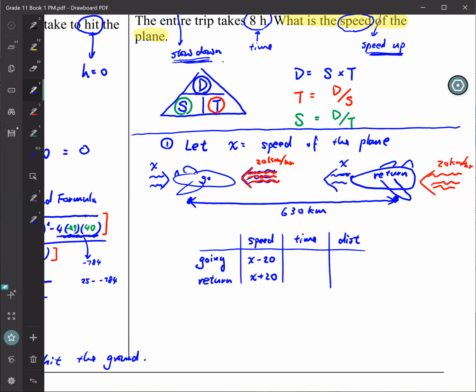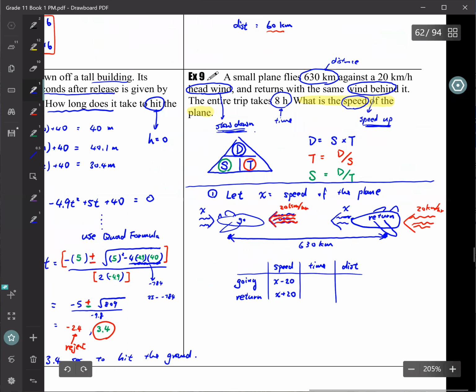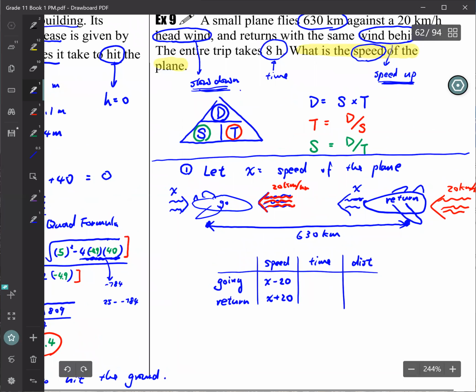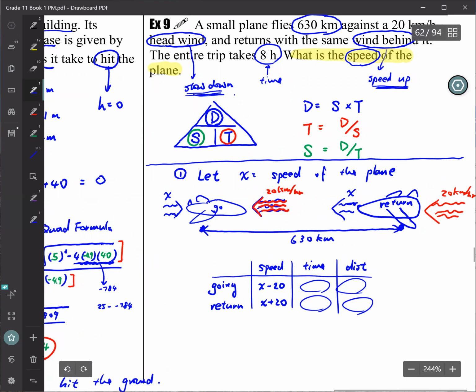Now, next thing is the time and distance. We have the number for the time, which is 8 hours, and the distance is 630. We have 4 blanks here. Which one can we fill in? Anyone want to try?